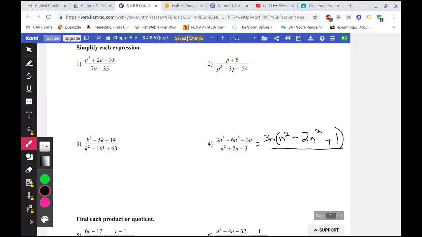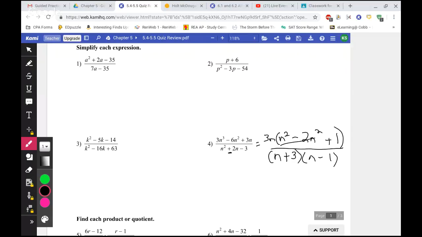Okay. And then on the bottom, I'm going to go ahead and factor it. I'm looking for 2 factors to give me a -3 when they're multiplied that would give me a +2 when I add them. So I know one factor is going to be negative, the other factor is going to be positive, and the bigger of the 2 is going to be positive. So it's going to be n plus 3, n minus 1.